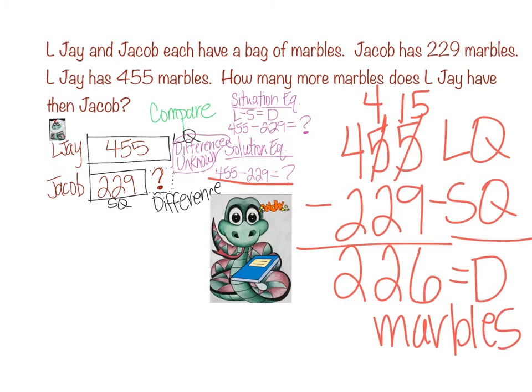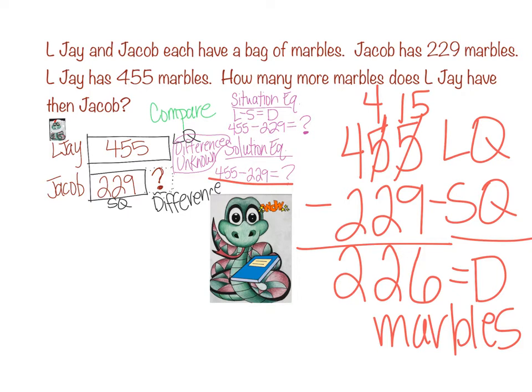So by solving my problem, I am in the verify the solution. I was able to find my answer, and I'm thinking about my reasonableness, and yes, it is reasonable to have 226 as an answer because the largest quantity was 455. And if I took away 229 from it, my answer is 226.